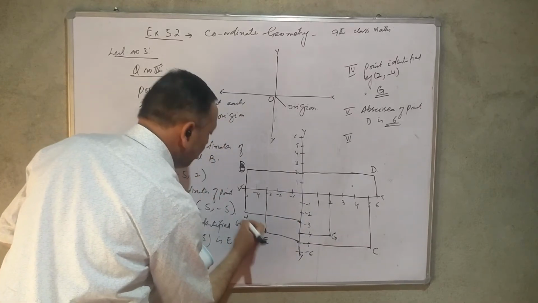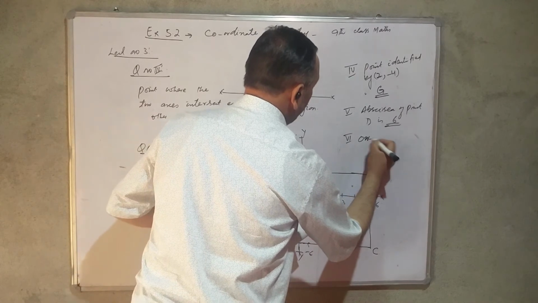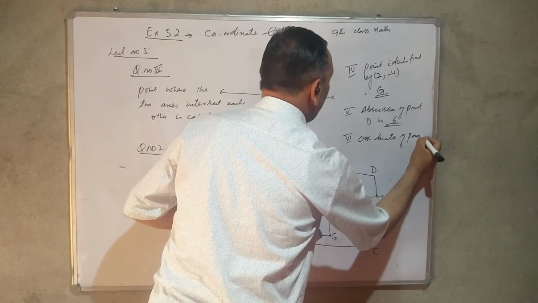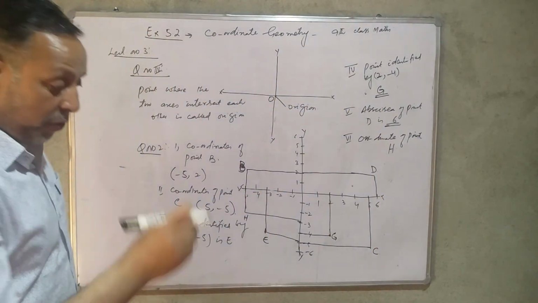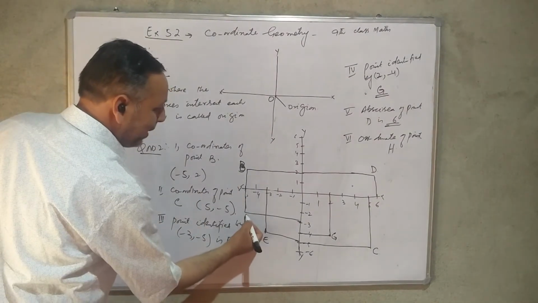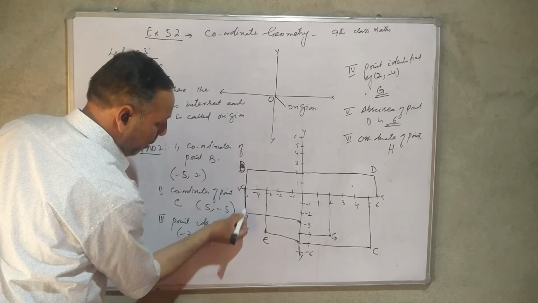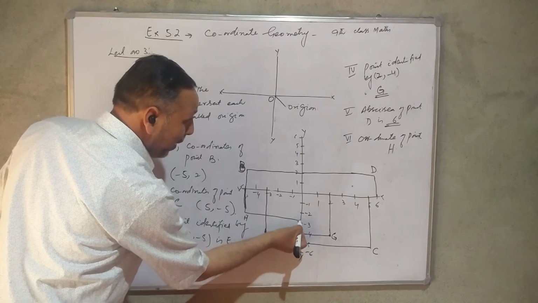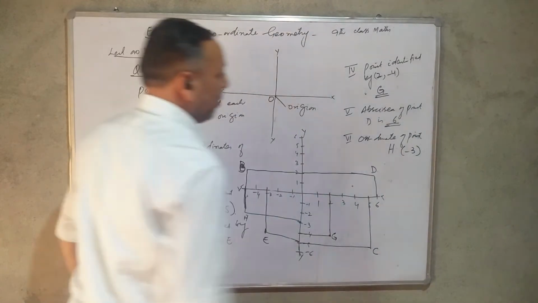Ordinate means the distance of a point from the x-axis. This is the distance from the x-axis, and this distance is minus 3. So the ordinate is minus 3.